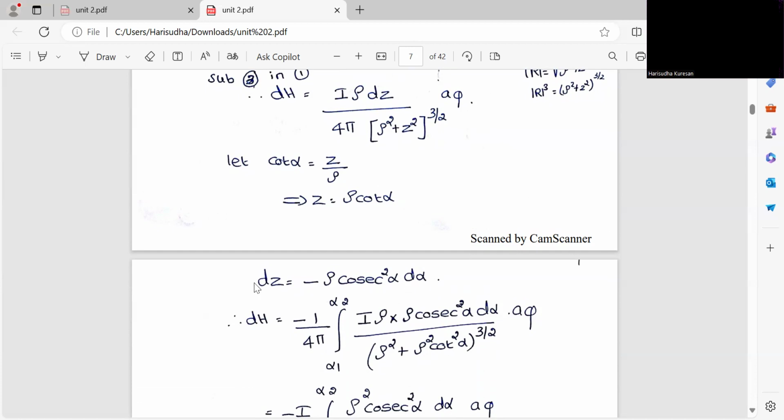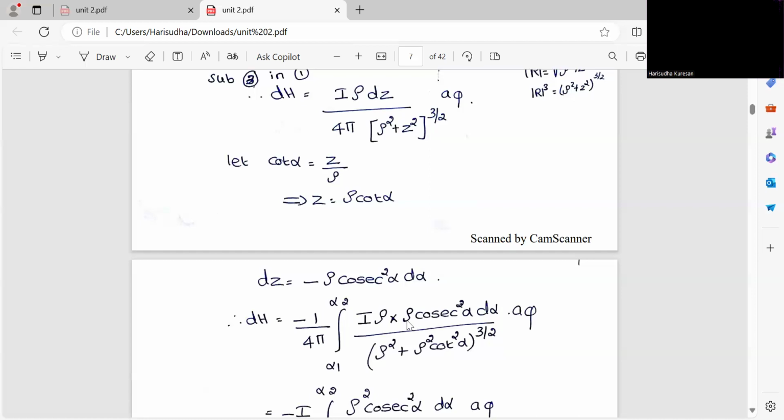So just replace these terms into this equation. So I'll get dH is equal to, the 4 pi I will take outside, so I'll get 1 by 4 pi. This rho will remain the same, and instead of dz, I'll just replace with minus rho cosecant square alpha d alpha. So this minus will come over here when I replace for dz.